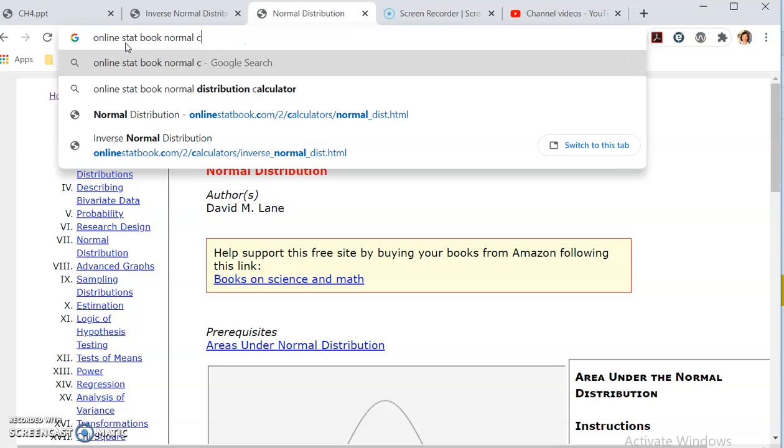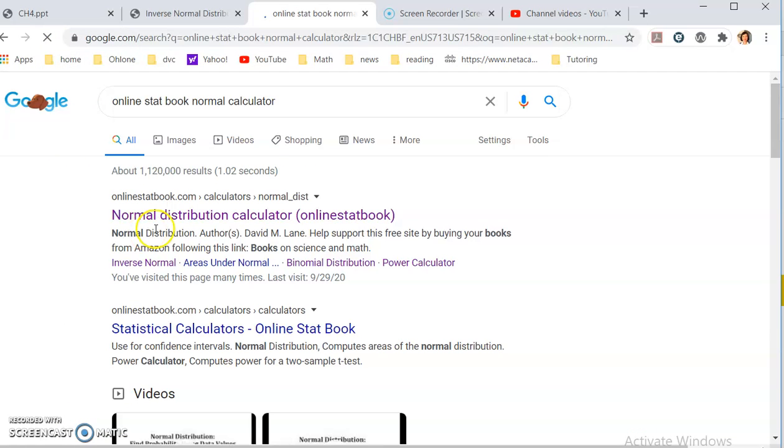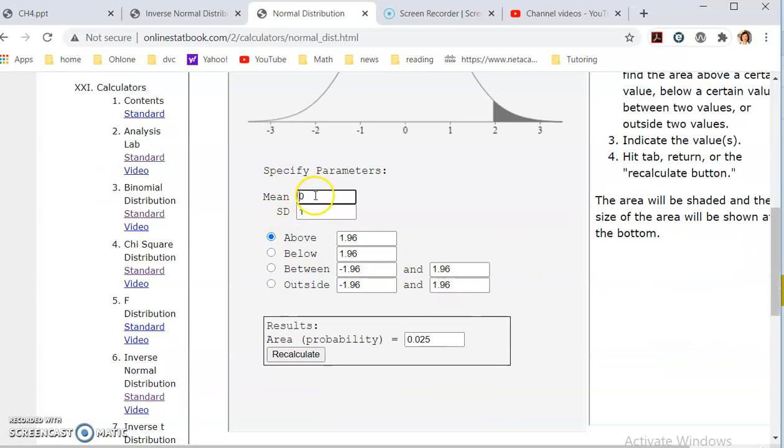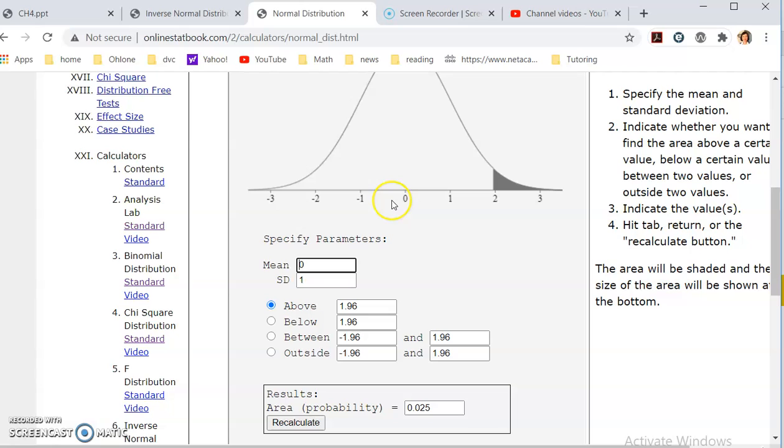And usually the first one that shows up would be it. So it would have the normal curve we are familiar with, 0, 1, 2, 3, because by default it's graphing the z normal. So if you get to the normal calculator from the beginning, it will show mean is 0, standard deviation is 1. That means this is not x but z.